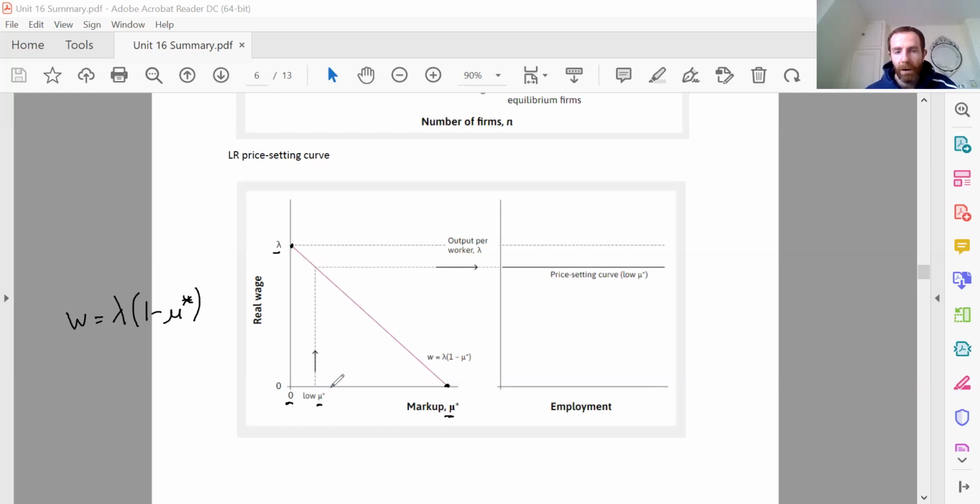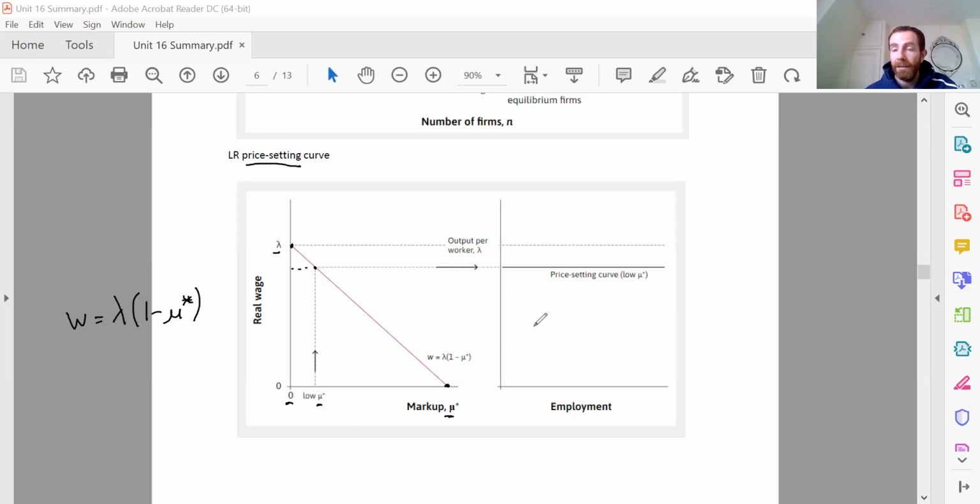And that is going to determine the long run real wage that firms are willing to pay. And the real wage that firms are willing to pay, we've seen that terminology before, that's the price setting curve. So this long run real wage level determines what the price setting curve actually is.